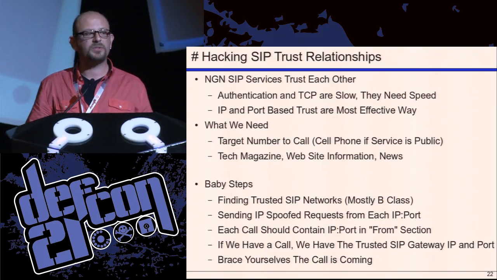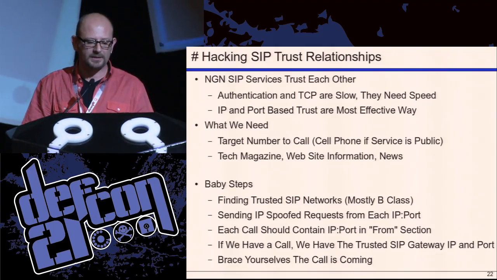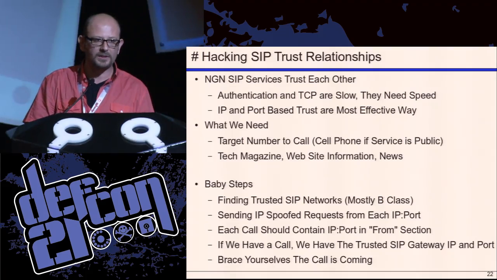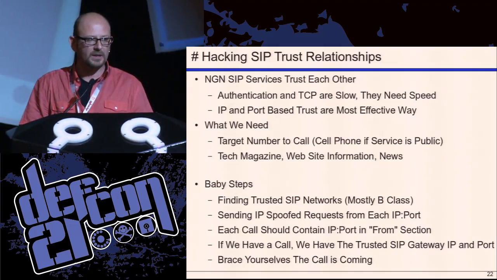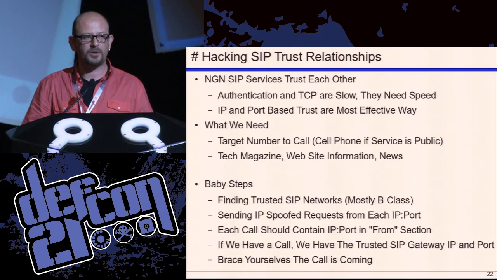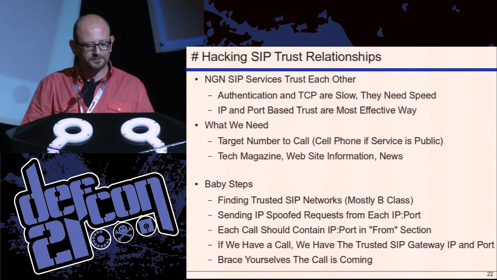Engine servers should trust each other because TCP is slow and TLS or other encryptions are slow. By the way, they require a lot of CPU usage. So engineering infrastructure and vendors prefer UDP-based SIP authentication and UDP-based trust. So we can attack just like a SIP proxy or something else.